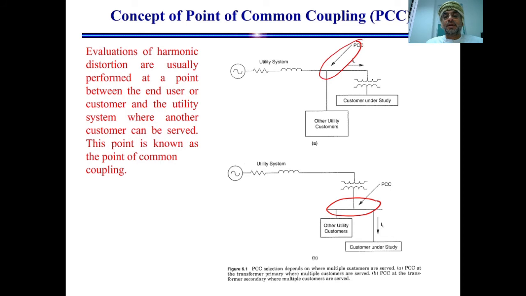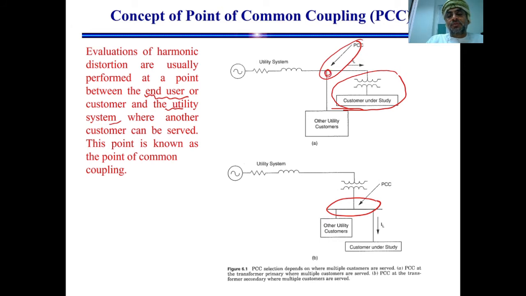Now, what do we mean by point of common coupling? That means evaluation of harmonic distortion is usually performed at a point between the end user and the utility system. Suppose that over here we have a new large customer that needs a transformer, and of course he will be connected to the power system at this point.